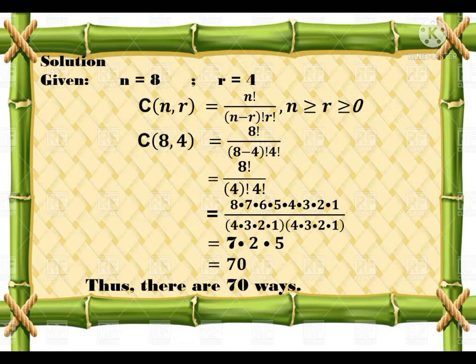Lastly, we need to simplify. So we have 7 times 2 times 5, which is equivalent to 70. Thus, there are 70 ways.